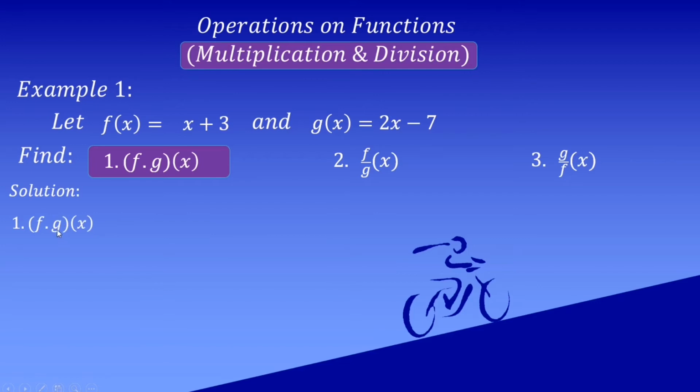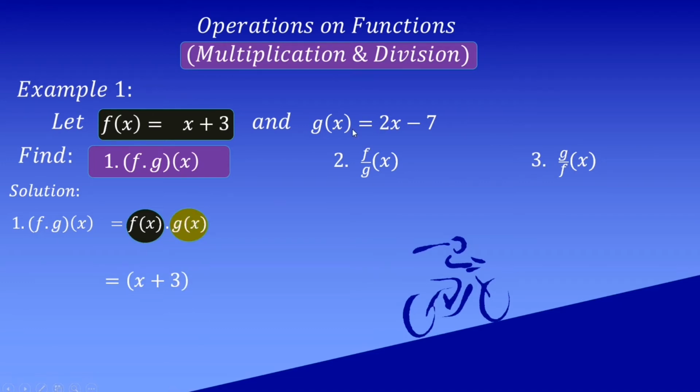Here are the solutions. The product of f and g of x is equivalent to f of x multiplied by g of x. Our f of x is x plus 3, and g of x is 2x minus 7.